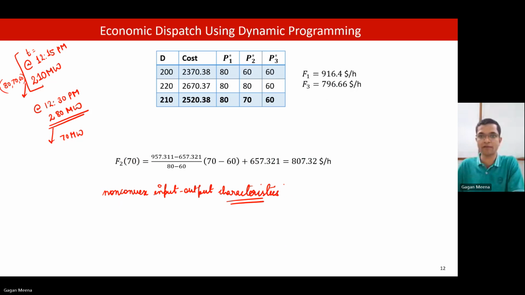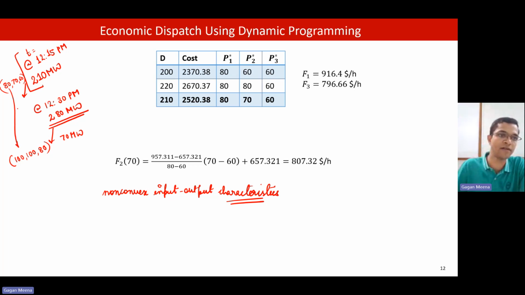Okay. Now I was saying this. Here, what is the optimal? This is the optimal. P1 is going from 80 to 100. P2 is going from 70 to 100. And P3 is going from 60 to 100.